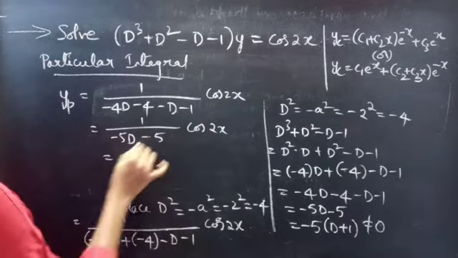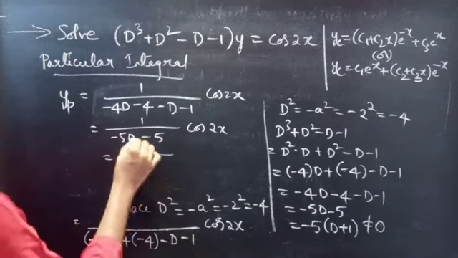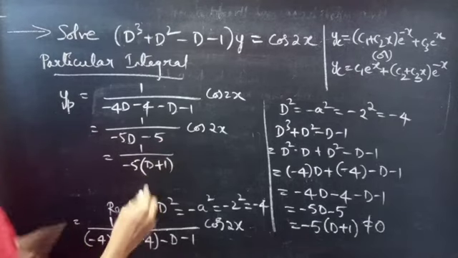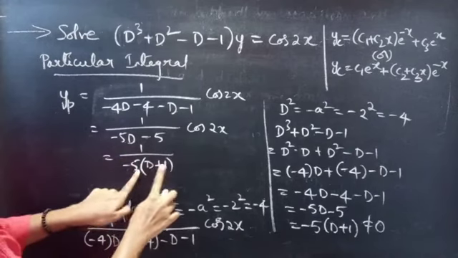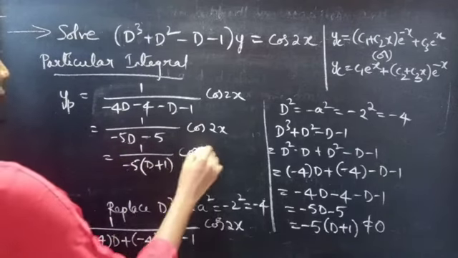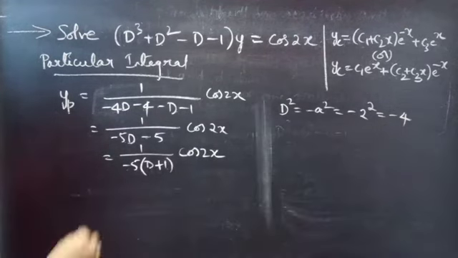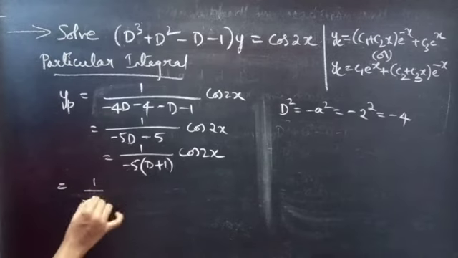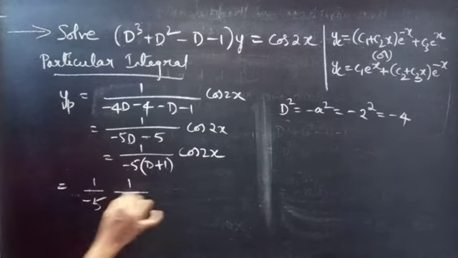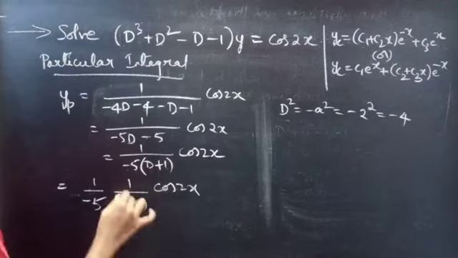Now we'll take minus 5 common from the two terms of the denominator. We'll get minus 5 times d plus 1. See, minus 5 into d is minus 5d, minus 5 into 1 is minus 5. Which is equals to, you can just write it as 1 by minus 5 into 1 by d plus 1 into cos 2x.